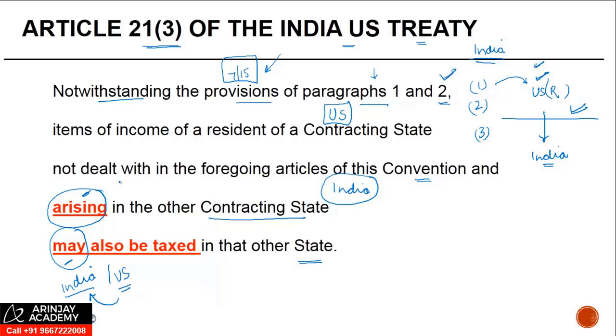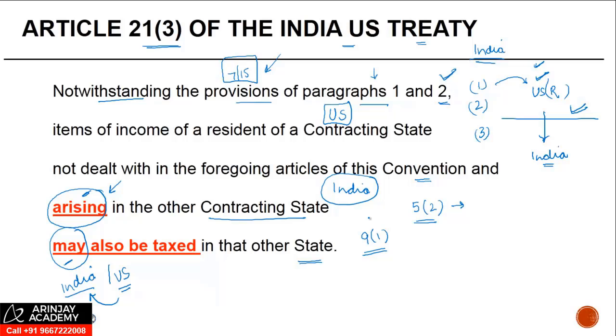Now, one thing you need to note here is that the word used is arising. So therefore, you may actually use the provision of section 5.2 of the Income Tax Act to identify where the income would arise. There's a debate whether the provision of section 9.1, which deals with income deemed to accrue or arise in India, could be applicable here.